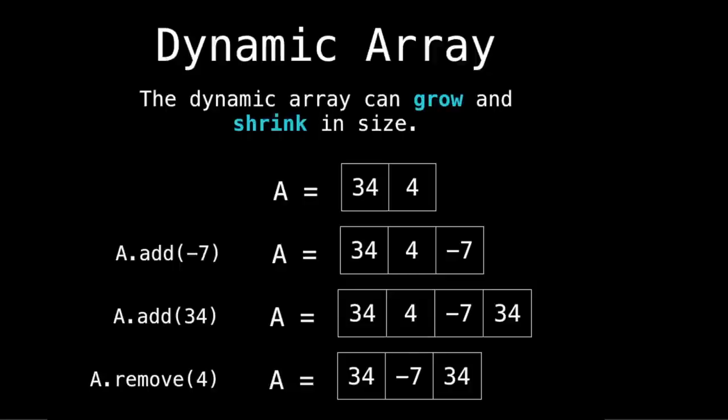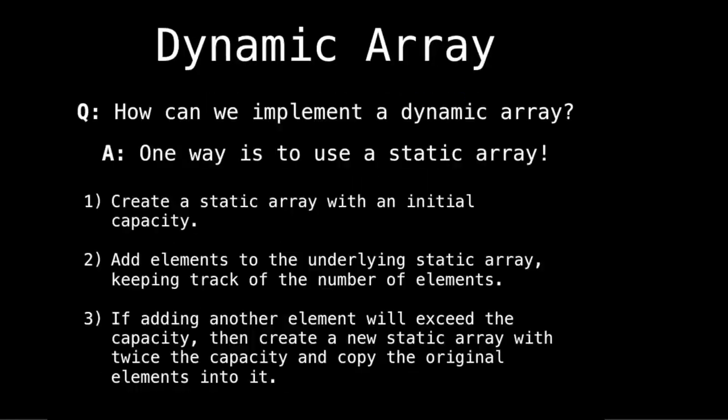So if we have A containing 34 and 4, then if we add -7, it gets appended to the end. If we add 34 again, then it'll add it to the end. And we can also remove elements. So you see here our dynamic array shrank in size. Pretty cool, right?